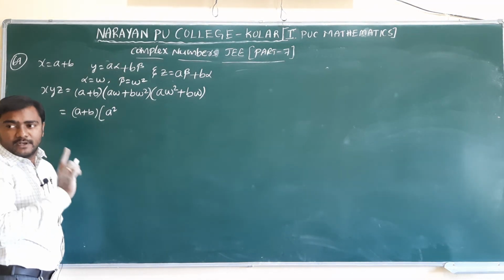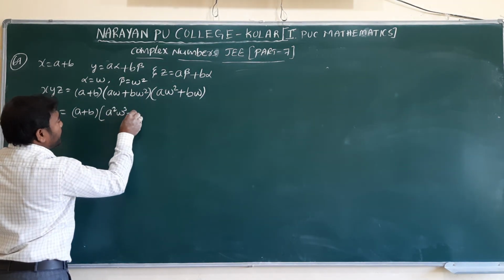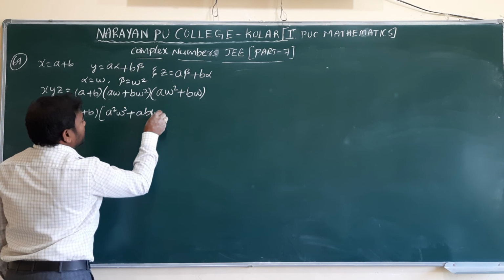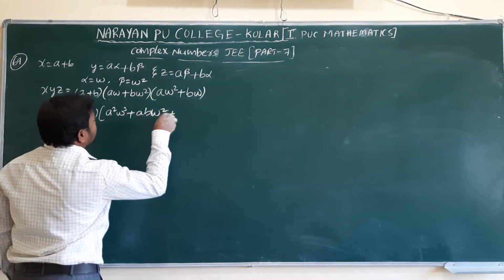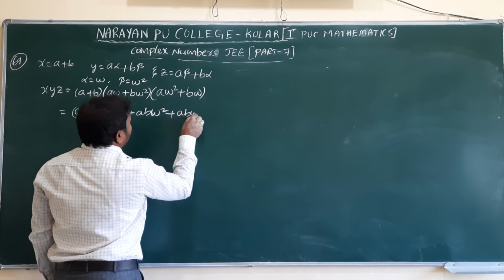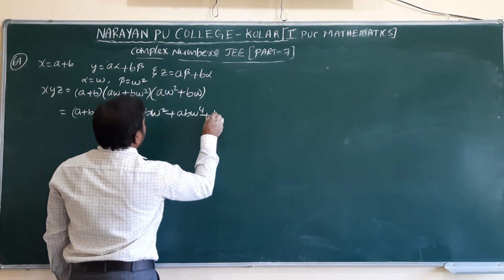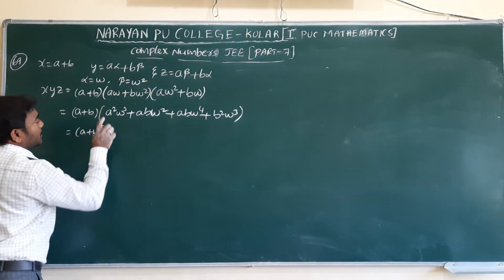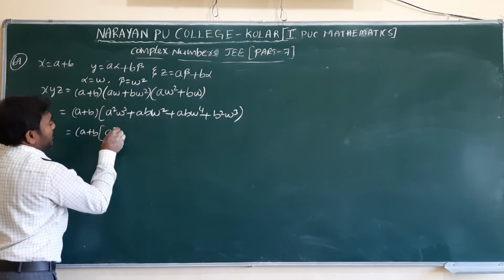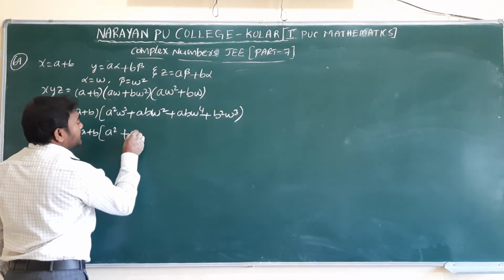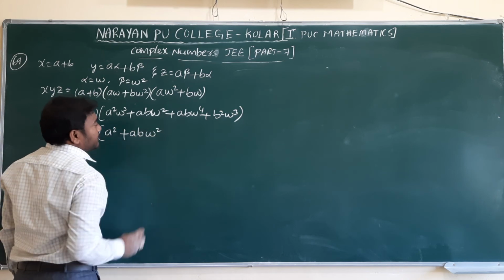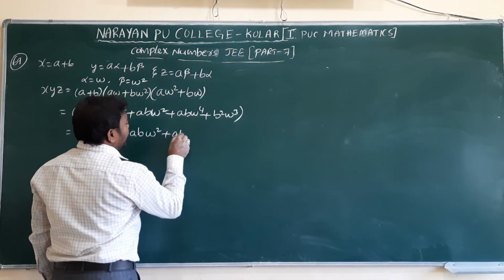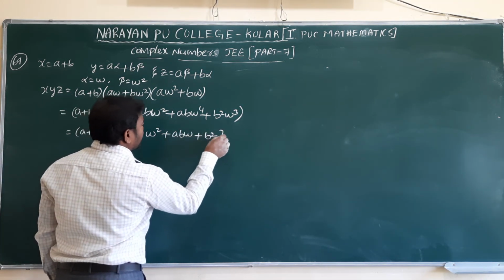Omega cube value 1 only, we can write directly, so a square plus ab omega square plus ab omega power 4 plus b square into omega cube.